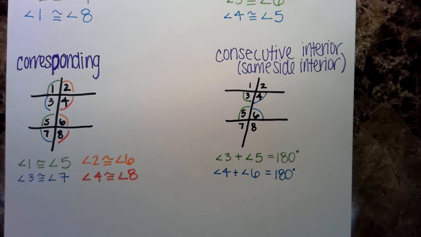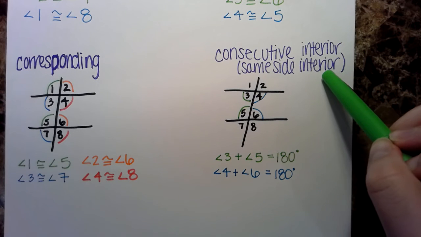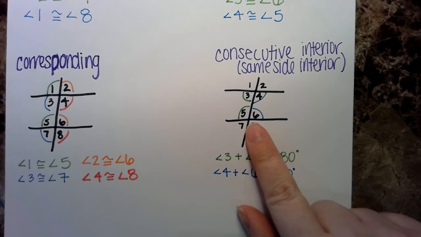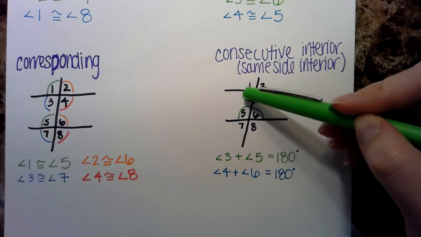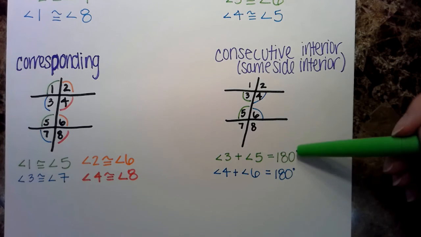Another pair of angles is consecutive interior, also called same side interior. What's different about these angles is that they are not going to be congruent. They're going to actually add up to 180. So they're supplementary technically. So 3 and 5, if you add those two angles together, you're going to get 180.